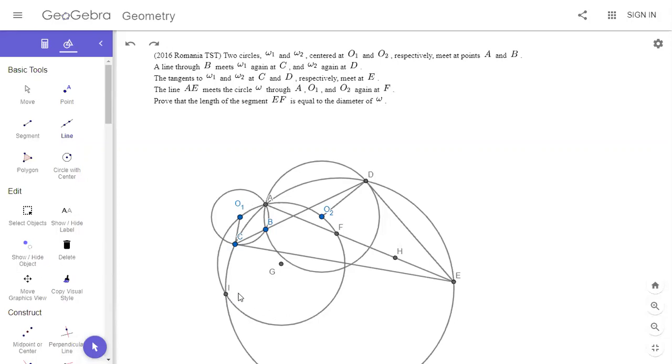And then is the same also true? I can see why CO1 and BO2 meet on this smaller circle, but I don't see immediately why they meet on the bigger circle. But maybe it's the same idea. I think it might be.